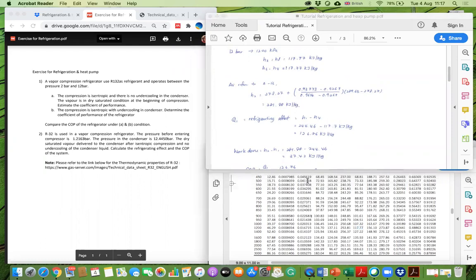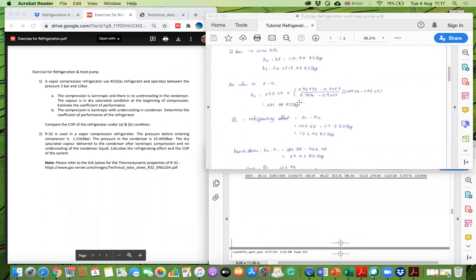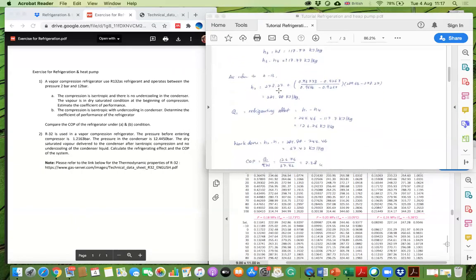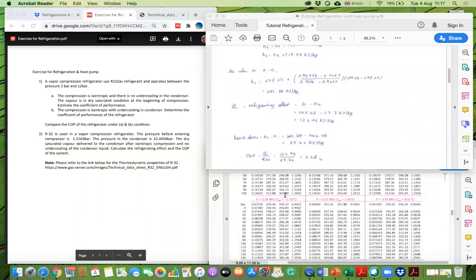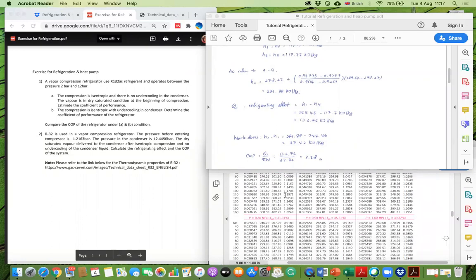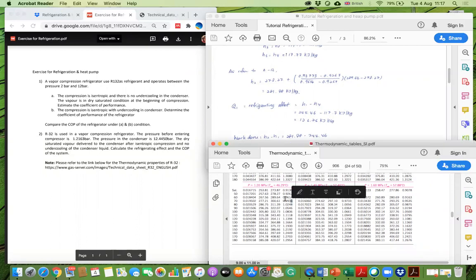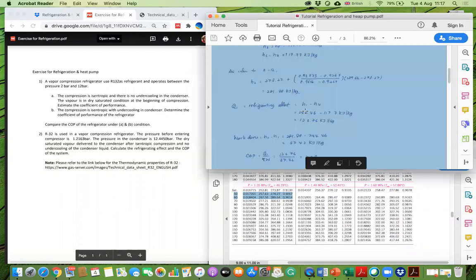Then you just use this value and find the closest at 1.2 bar. So it should be this part. Can you see that? The nearest are these two. Then you just use the interpolation technique to find it.